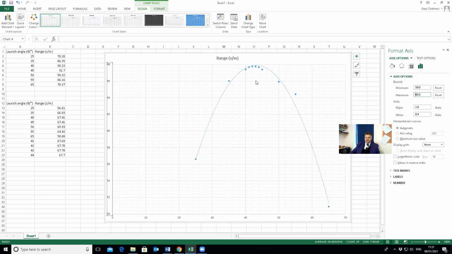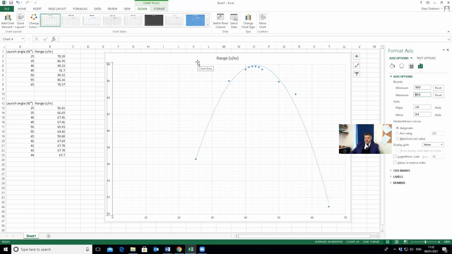You can actually then start to see exactly where your peak is. The peak is about here. So when I actually read it down, for me, well, these are 2, so it's 42.5 degrees, not 45 degrees. So that's the practical I'd like you to have a go at doing.